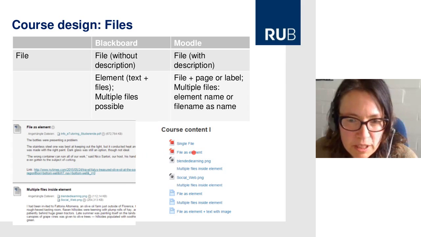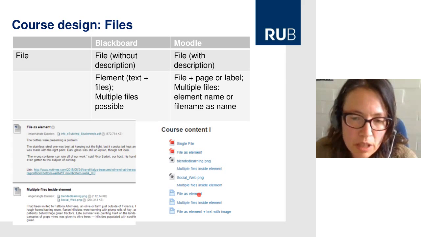Well, what do you take? If you have a lot of text, you choose the page, which you see here. It says file as element, this is the file, and then you have the page, file as element. If you click on it, you see the full text, the text you see here.